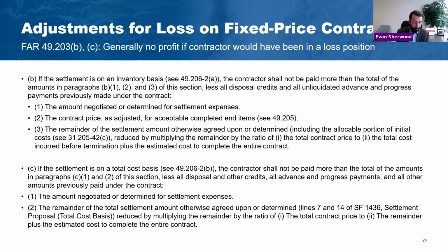So, of course, if you have a fixed price contract and you are obligated to perform it to the end, even if you're losing money, you have to continue it, right? So the FAR sets out some guidelines for determining that and making an adjustment based on a loss ratio. There's a couple of formulas for that. We won't get into this, but just be mindful that this is there.